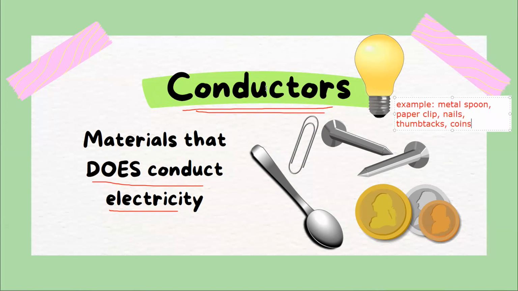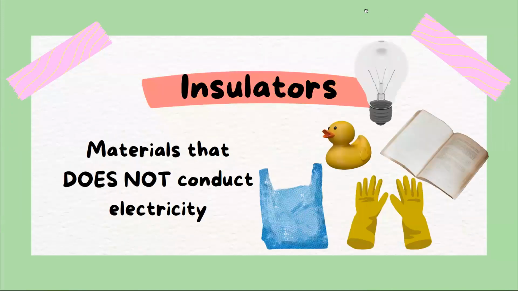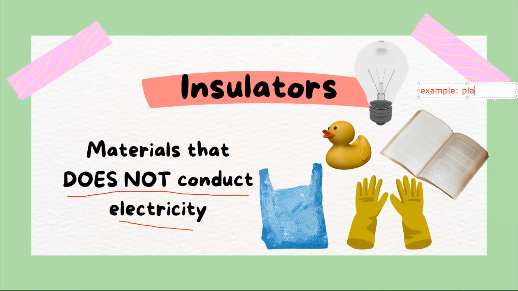So the opposite of conductors are what? Insulators. Very good. Insulators are basically any material that does not conduct electricity. For example, plastic, a rubber duck, gloves, book or paper.